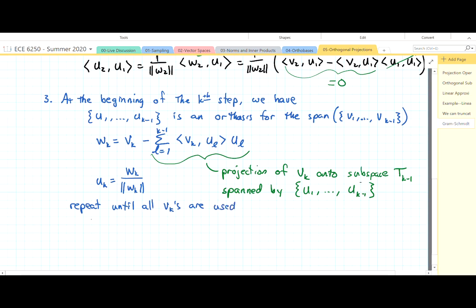And as I mentioned before, if any wk equals 0, then we just skip it. It came from a linearly dependent vk vector.